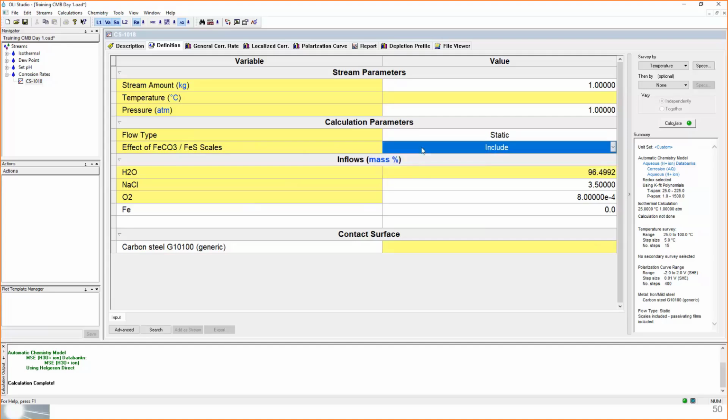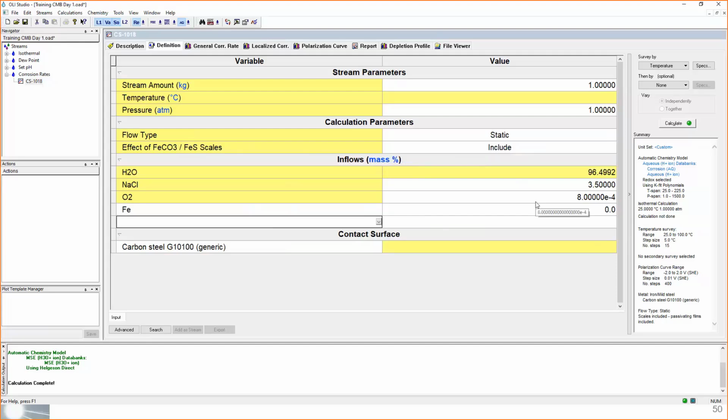But generally, we have it as an include because if you have some concentration of H2S and CO2, we know that those scales will form on the electrode surface, okay? For this example, we don't have H2S or CO2, so if we select exclude or include, the results will be the same, okay?